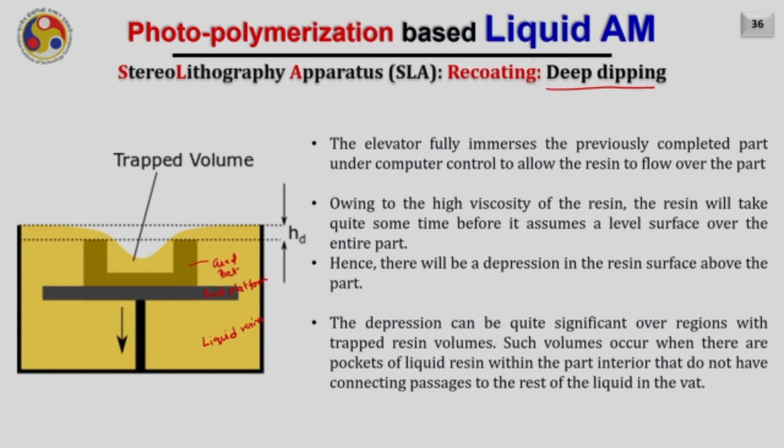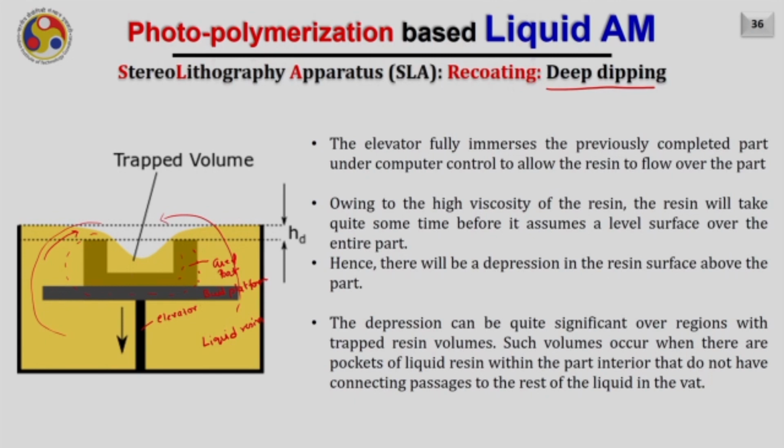So, what happens? The elevator, this is the elevator, fully immerses the previously completed part under computer control to allow the resin to flow over the part. So, it is going down in such a way that the resin from the bottom side will flow over it and completely cover the already cured part.